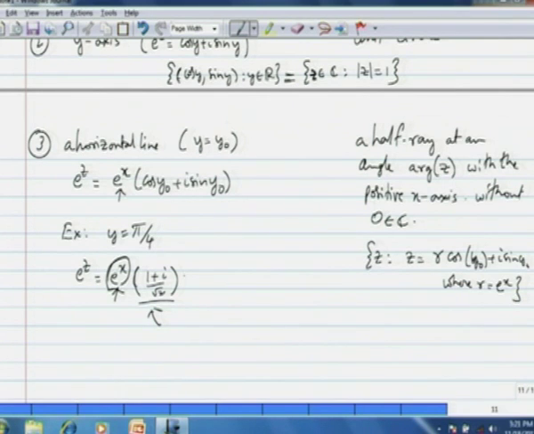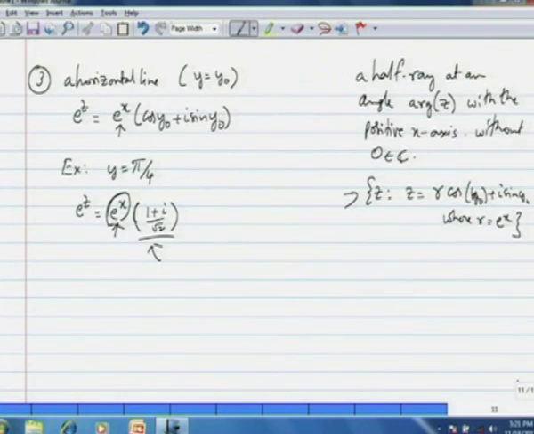So, the image is the set of all z that way. Okay. So, that is the image of a horizontal line.